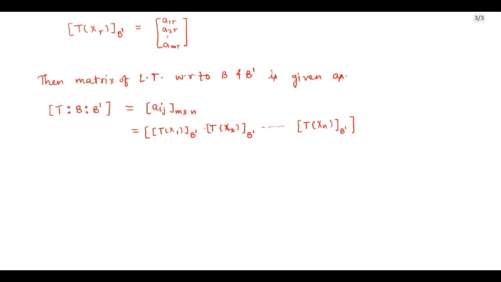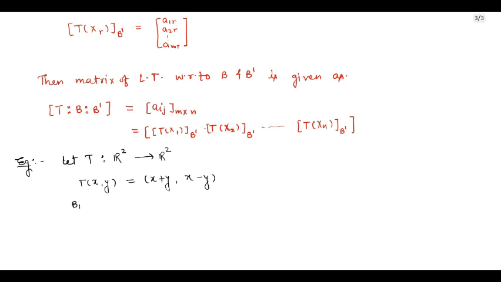Now we take some example for this. Let T be from R square to R square. Now define the transformation T of (x, y) equal to (x plus y, x minus y).